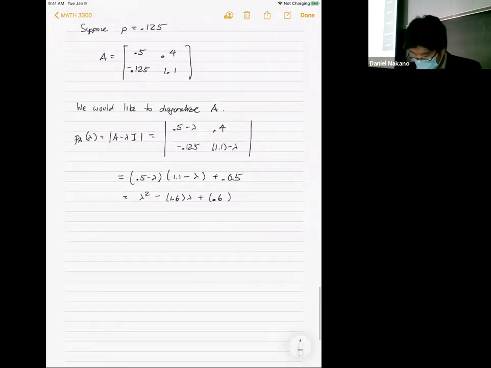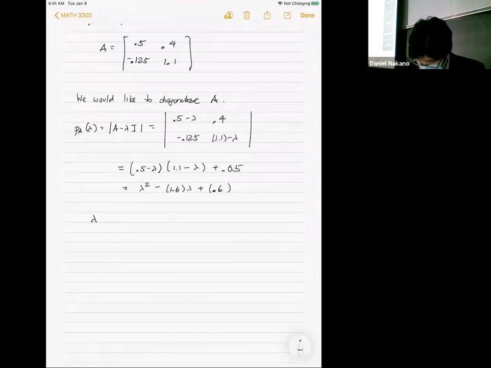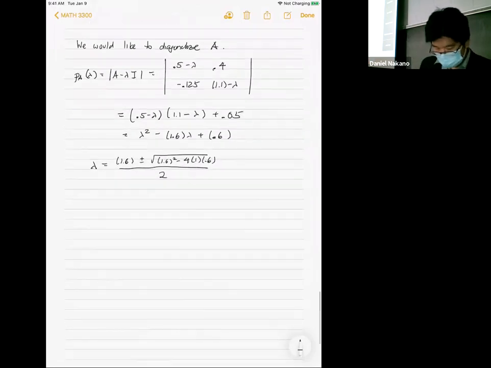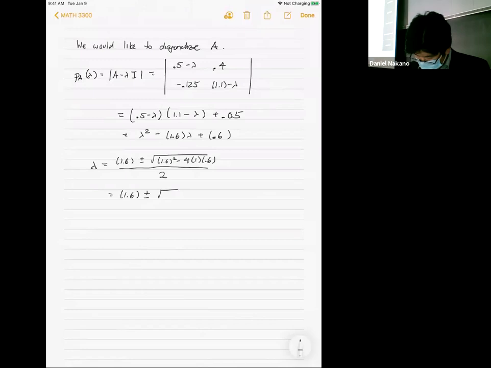All right, so then you use the quadratic formula. So lambda is equal to minus b, so it's 1.6 plus or minus the square root of 1.6 squared minus 4 times 1 times 0.6, all over 2. Then you do some arithmetic, and this is 1.6 plus or minus 0.16 over 2.